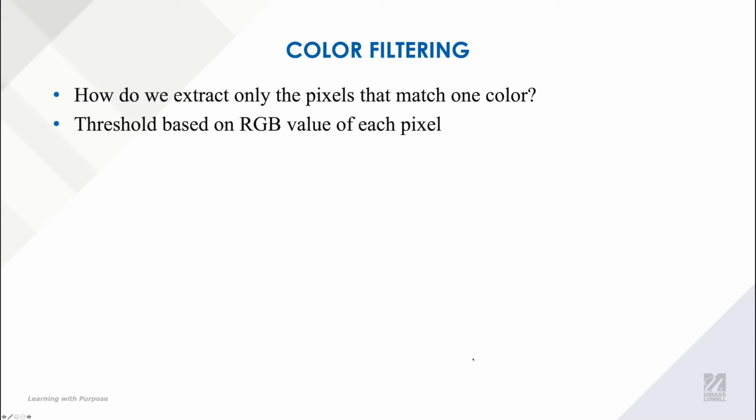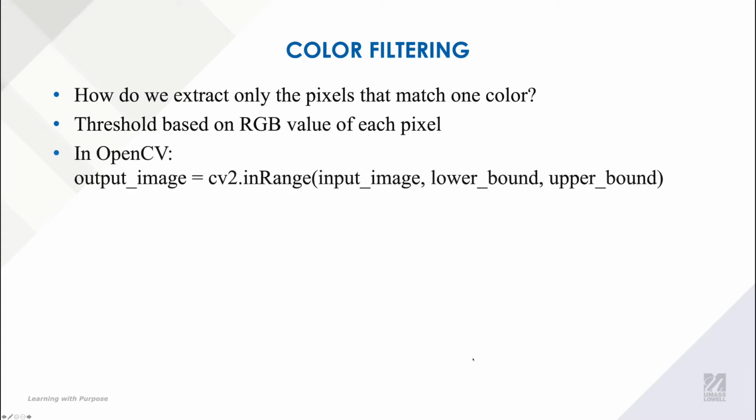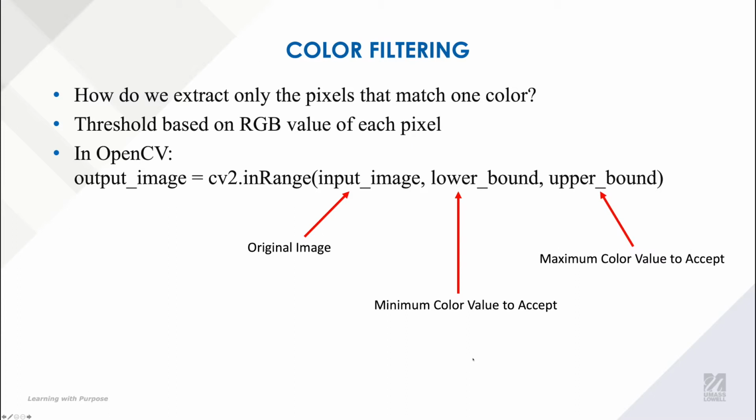And it turns out there's a really nice OpenCV function for this called InRange. InRange takes in your input image, takes in a lower bound, which is in whatever color type the image you're giving it is. So in this case, it's a blue, green, red tuple. So blue component, comma, green component, comma, red component. And then an upper bound, which is the maximum of that color value in the same format that you want to accept.